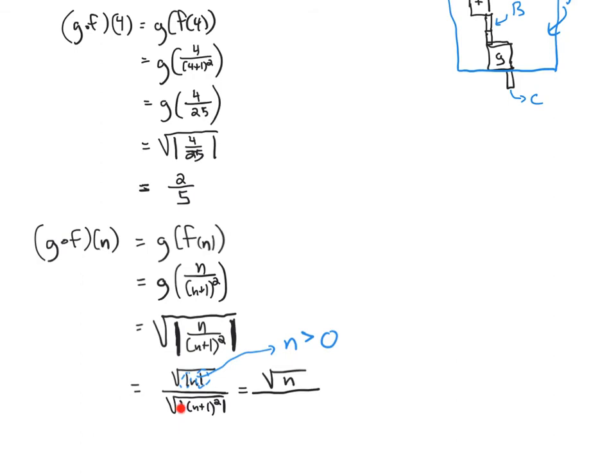The absolute values are doing absolutely nothing here, because if you square something, it's going to be positive anyway, and the bottom's always positive. So this is just the square root of n plus 1 squared, which is n plus 1. And this is pretty much as simple as we can make this expression. So we have the composition, g of f of n is the square root of n over n plus 1.